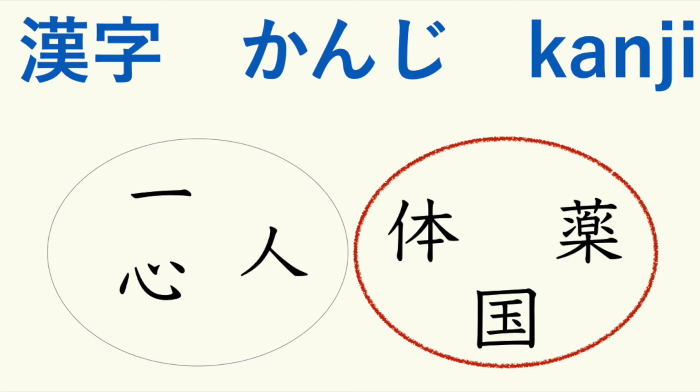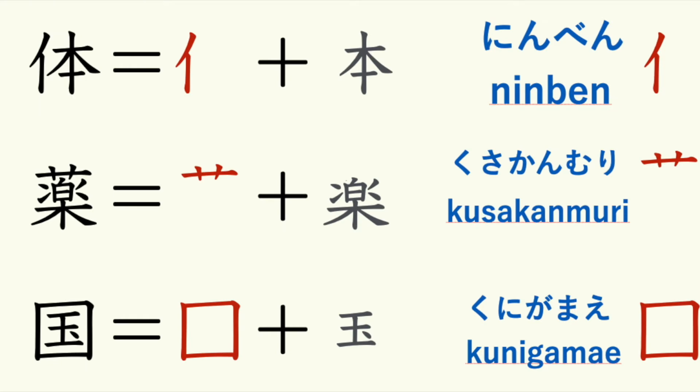The second type is the combination of different characters. So there are karada, body, kuni, country, kusuri, medicine. These are just combinations. For example, karada is a combination of people and a book or base.